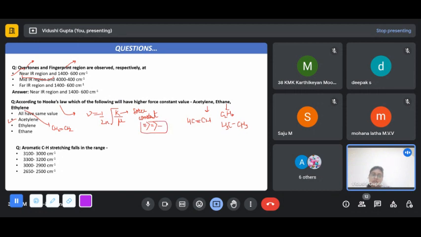This is the order for the force constant. So in acetylene there is a triple bond, so the answer will be acetylene. Because mu is the reduced mass, M1 M2 upon M1 plus M2. If I ask you which will have the highest stretching frequency out of these three, what will be the answer?